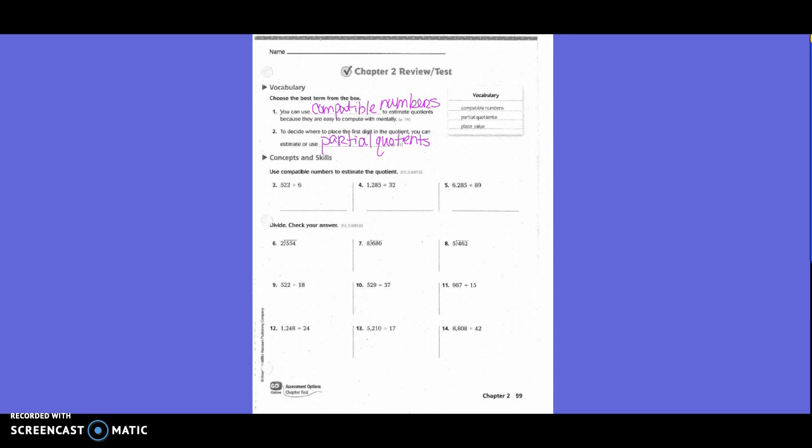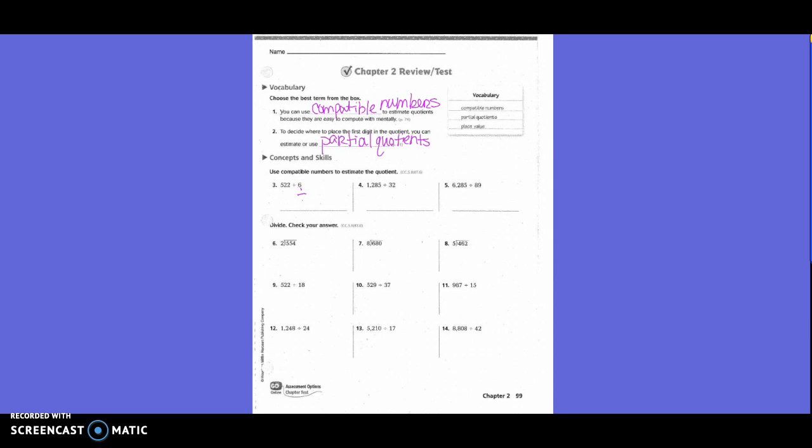Okay, so it says use compatible numbers to estimate the quotient. So we're dividing by what? 6. Okay. What is a multiple of 6 that gets us close to 52? On the low side would be 48, right? On the high side would be 54, right?